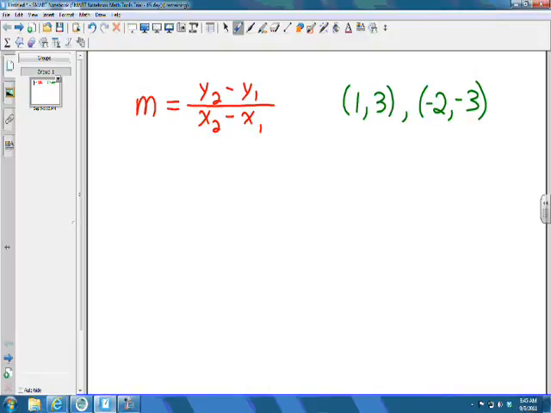What's the slope between those 2 points? Now, it's oftentimes helpful to label those so you can easily plug it in. So if you call this x1 and y1, then this would be x2 and y2. Then you can make certain that you get everything plugged in the right spot.